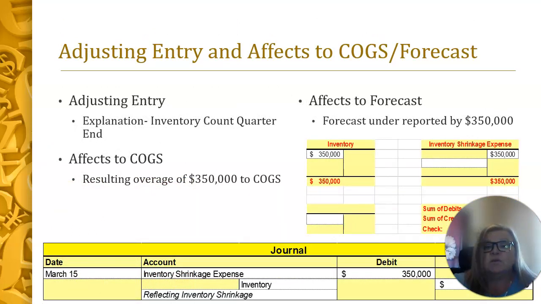Now we move to the adjusting entry and the effects that it has to the cost of goods sold and forecasting. So when we look at adjusting an entry, we're looking at an interim period, right? So this is the end of a quarter, which would be anything that's not annual or fiscal year that we're using to account for things.